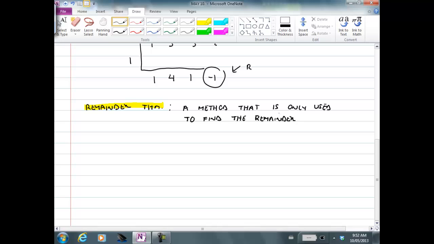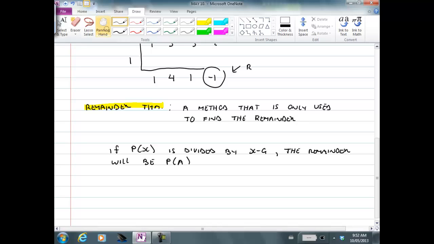It sounds a bit tricky, but it says this. If p of x is divided by x minus a, the remainder will be p of a. That's what it says.